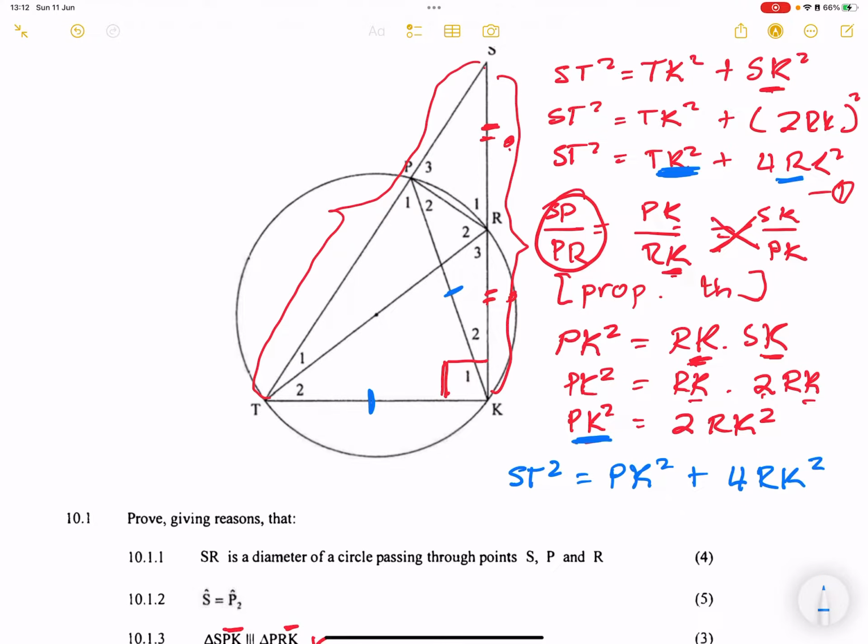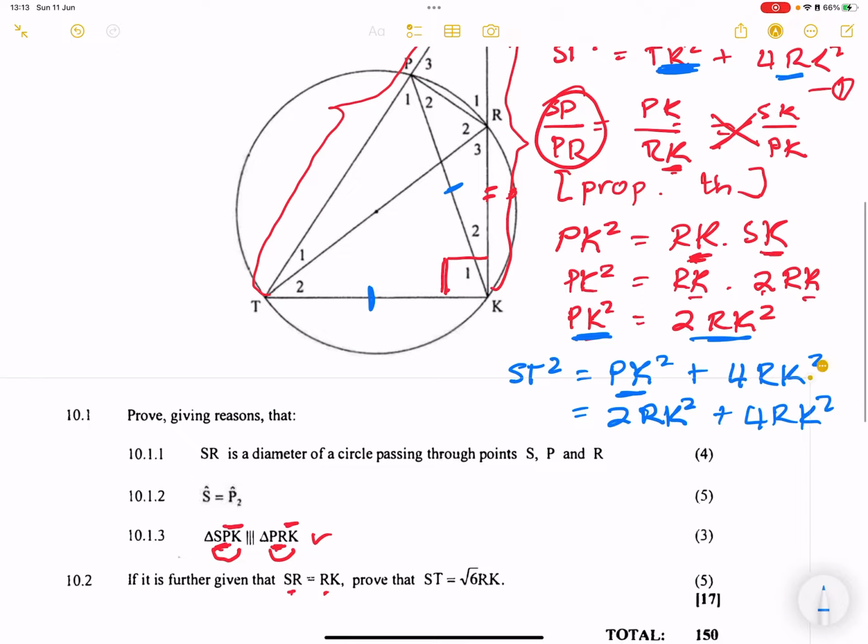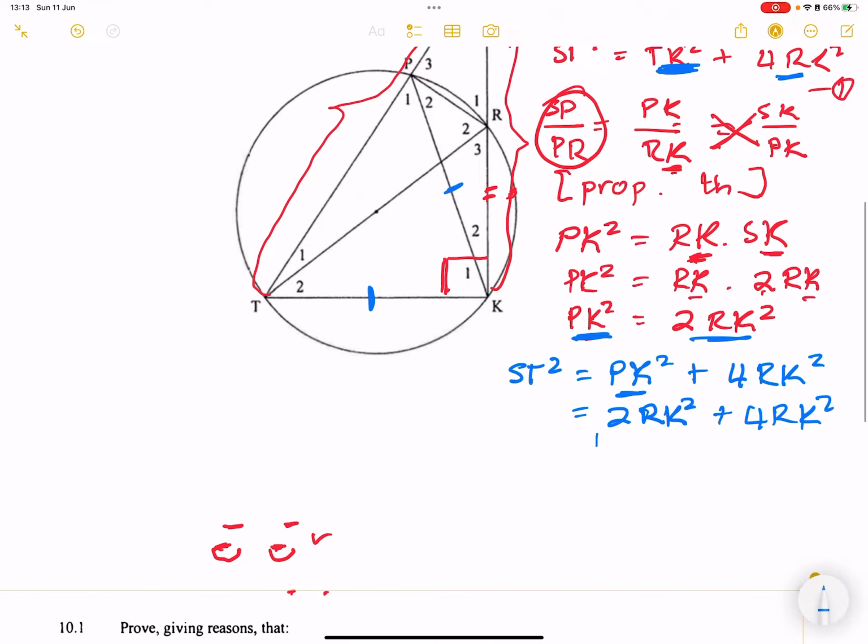We know that PK squared is equal to 2RK squared, so this will be 2RK squared plus 4RK squared, which gives us 6RK squared.